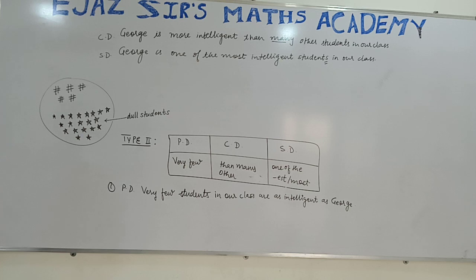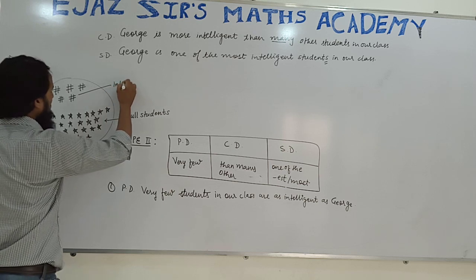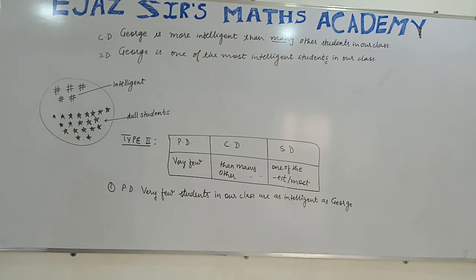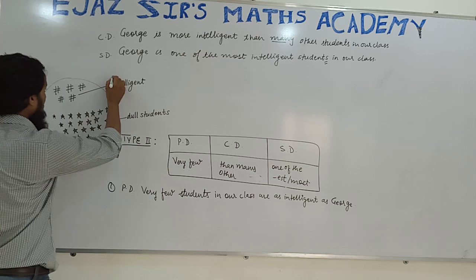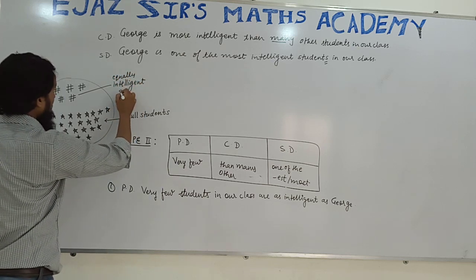So, how many students are there in the class? 25. How many students are there in the class? 25. And out of 25 students, how many students are intelligent ones? 5 students are the most intelligent students, equally intelligent students.